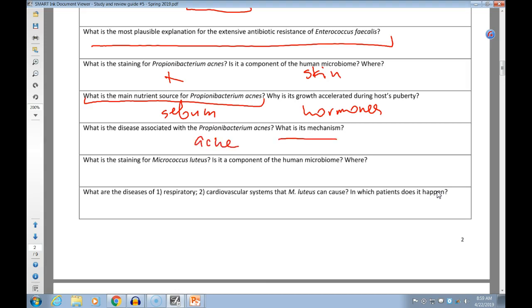Mechanism: overgrowth of bacteria due to massive levels of sebum being produced. Micrococcus luteus, gram-positive, found in the skin. Pneumonia, endocarditis, in severely immunocompromised patients.